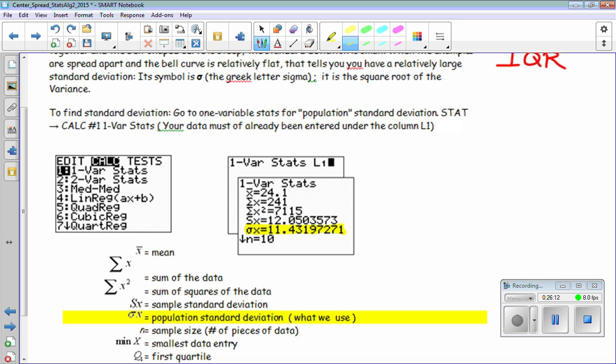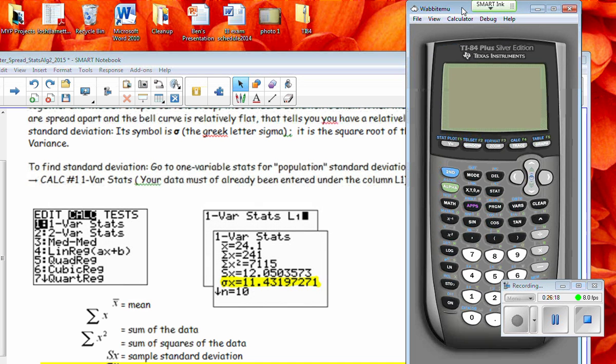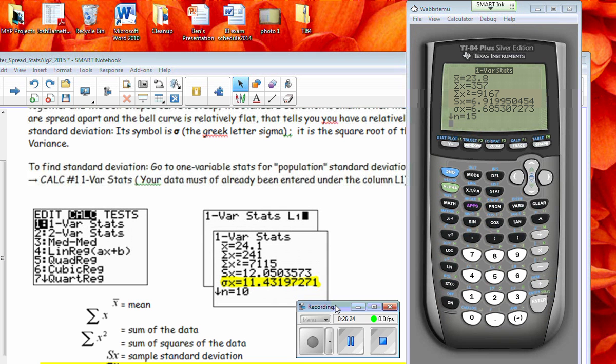When we did our one-var stats on the calculator, what was the standard deviation with this set? If you go back to one-var stats and scroll back up, I got approximately 6.7. So this 6.685 or 6.7 is the standard deviation that we use.